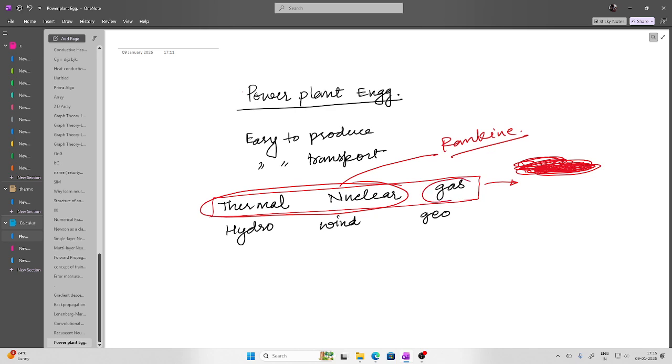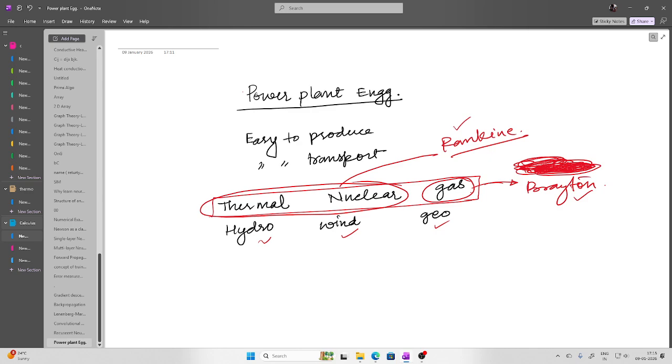Whereas in gas turbine power plants, the Brayton cycle is the base. When I say base, it means the movement of the working fluid is governed by the Rankine cycle here, and in gas it is Brayton. Hydro, wind, and geothermal are power plants which work on renewable sources of energy, whereas the above ones work on sources which are perishable, which are not renewable.